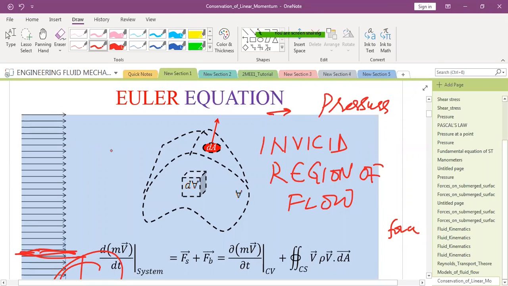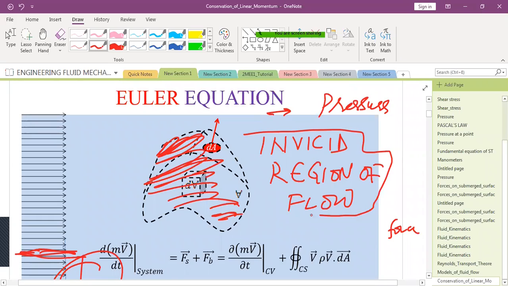It only means there is no imbalance of viscous forces. So net effect is balance. The fluid element does not experience any kind of viscous force. So that is what is called inviscid region of flow, where viscous forces can be actually neglected.